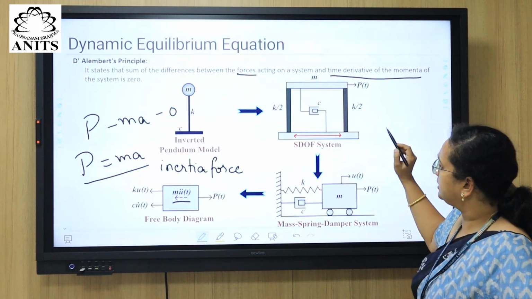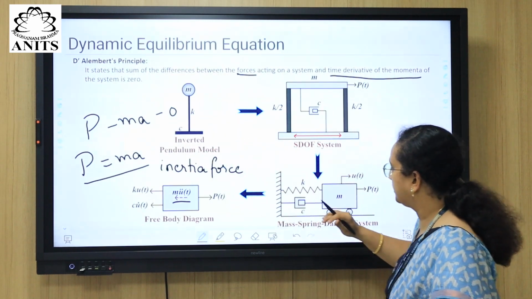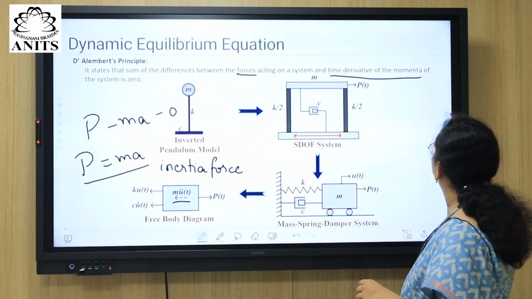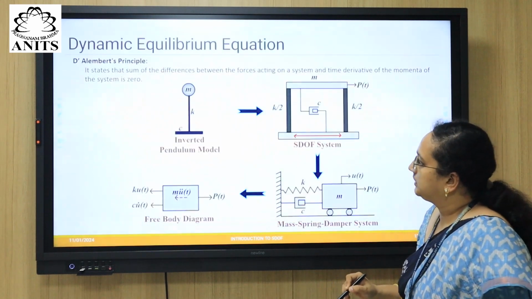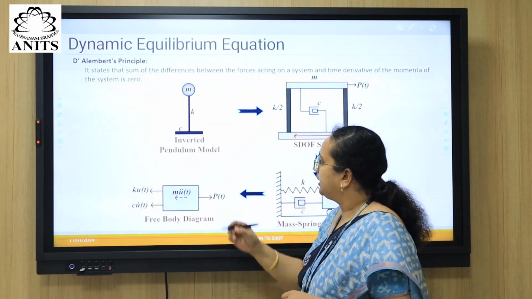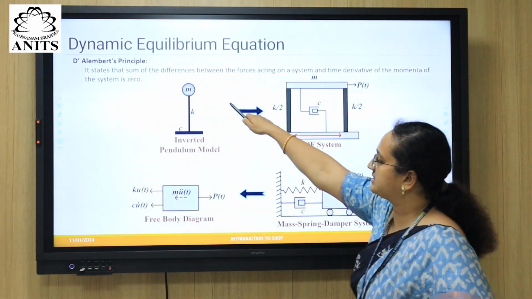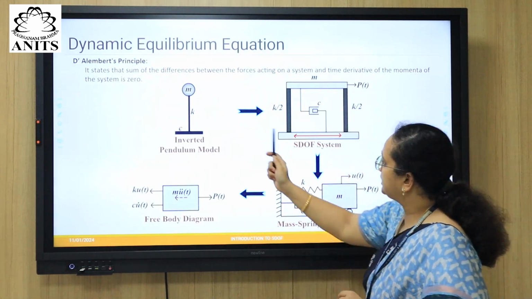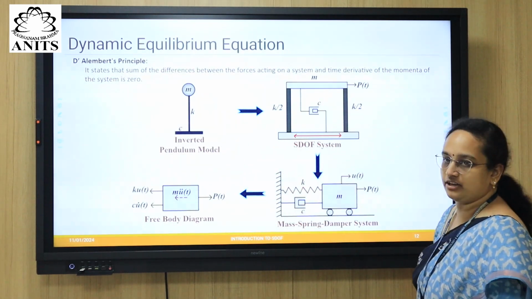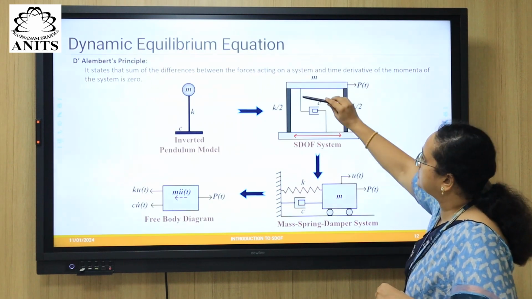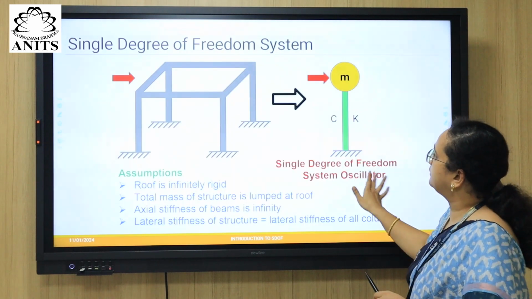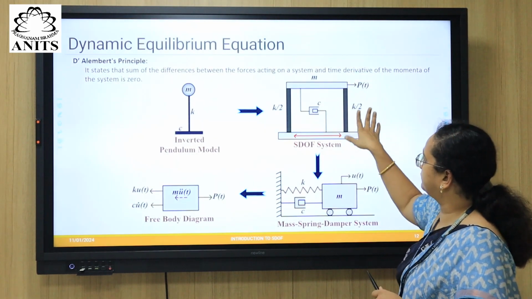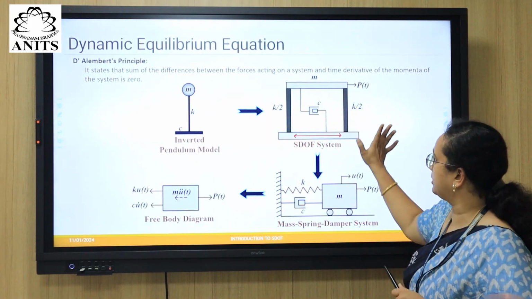Now, let us talk about inverted pendulum, okay. In inverted pendulum model, mass is lumped at the top, stiffness and damping are lumped at the column. Now this is a form of single degree of freedom system. We can assume this is a plane frame, in 2 dimension.